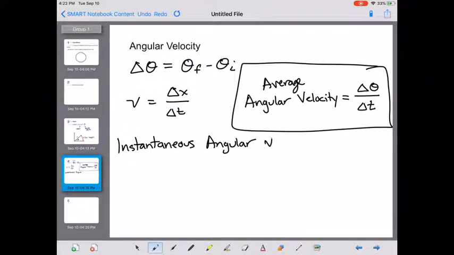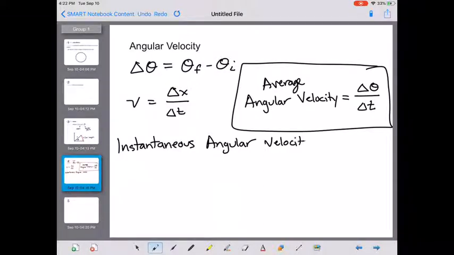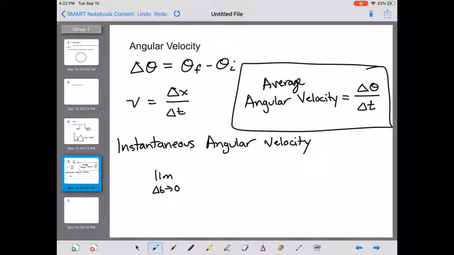A derivative, remember, is just taking a really small section of the graph and finding the slope of the line tangent to that point. So really what we're doing here is taking the limit as the change in time goes to 0 of our change in angular position over our change in time. And we're going to say that this is equal to omega.